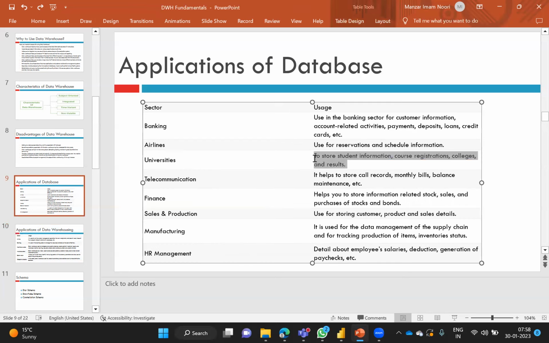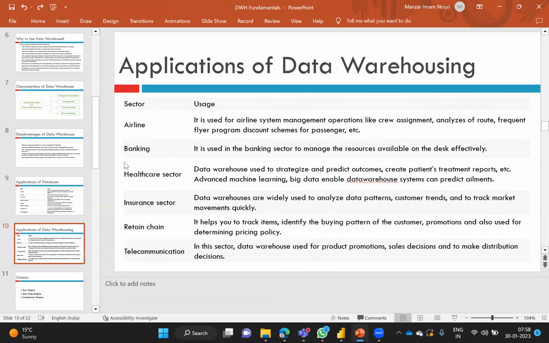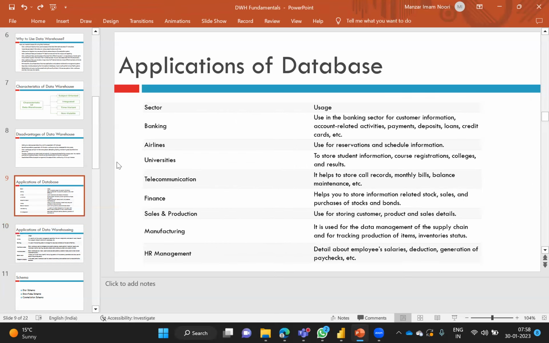All these use databases, whereas the university may be trying to analyze the student information. In that case, a data warehouse needs to be used.